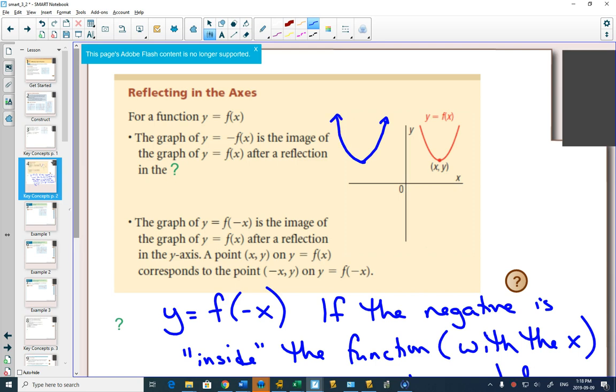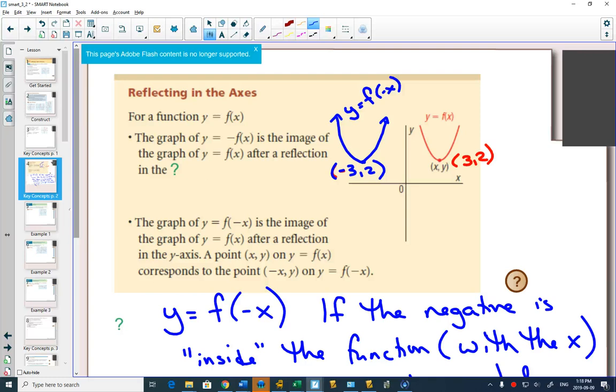So if we estimated, if we would say it looks like the vertex of this parabola is at 3, 2, then the vertex on y equals f of -x will be -3, 2. The x coordinate, the x value, will get multiplied by a -1.